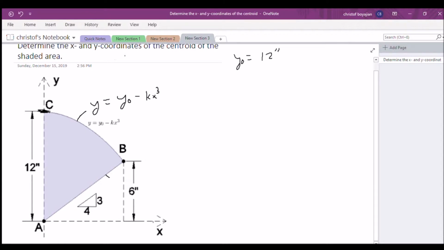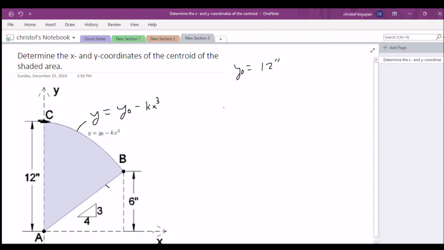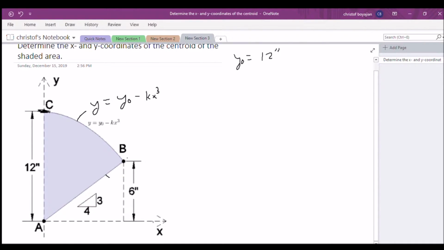Okay. Now we need to know what k is. So to solve for k, we need to know what coordinate on our point is here. So we could say, well, this is 0, 12 over here. Or we could use this coordinate right here at B. It's a little tricky, but thanks to this triangle right here, we can tell what this coordinate is.